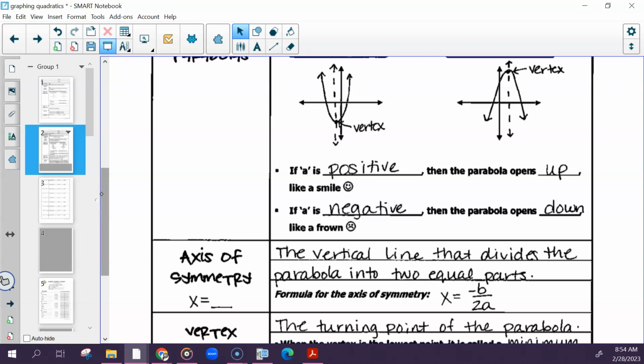U and then upside down U. Anyone still need the rough sketches? Yes. Okay.